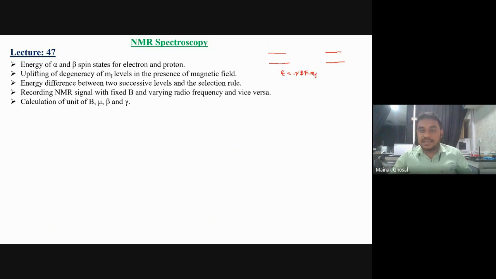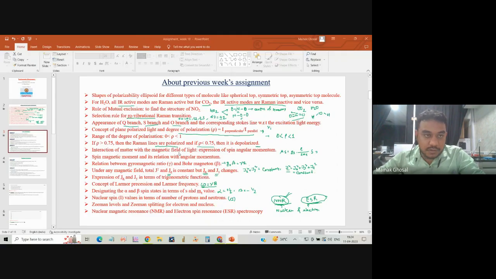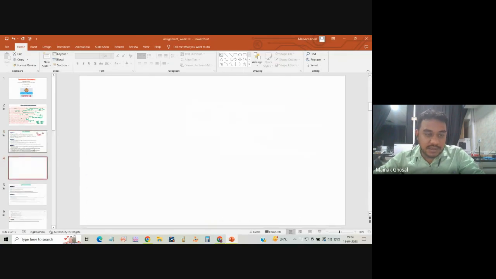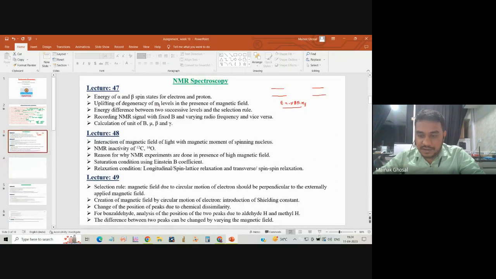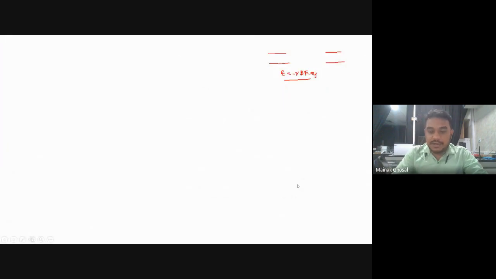This was the energy expression: if you put in the Hamiltonian, the energy will come like this. I think I should have taken a new page, which would be beneficial for you also, because there are too many discussions here. The questions are very easy, but you need to understand the concept.